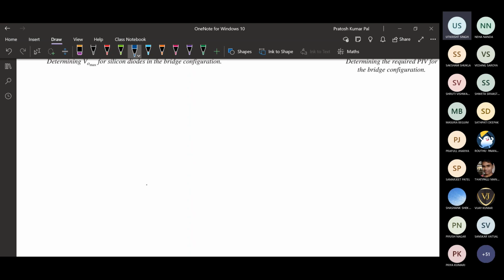Hence the loss is very low. So net IDC is zero for the bridge rectifier. That's why the loss is minimum in the bridge rectifier, so it is preferred.